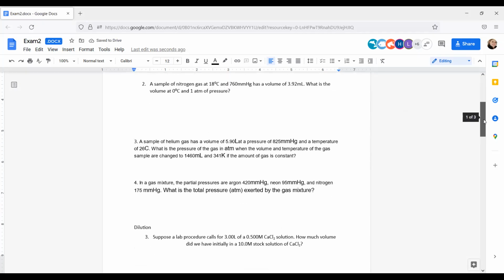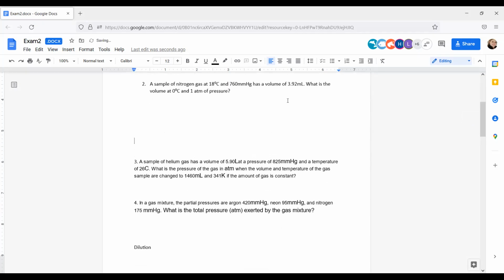All right, a sample of nitrogen gas at 18 degrees Celsius and 760 mmHg has a volume of 3.92 milliliters. What is the volume at 0 degrees Celsius and 1 atm of pressure? I got you, Leanne, you're good. So what actually happened here?